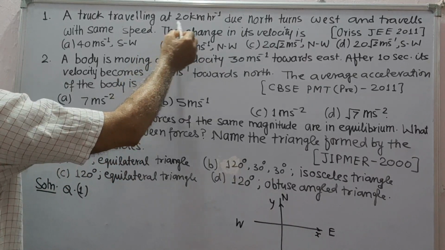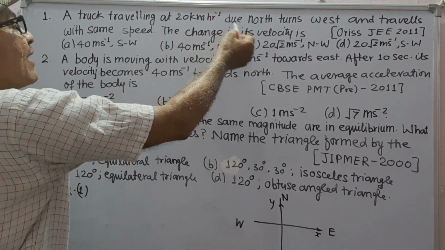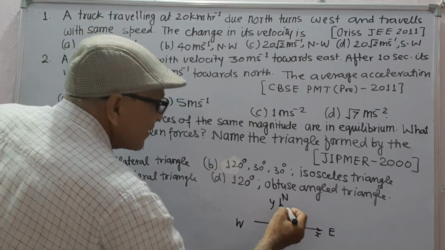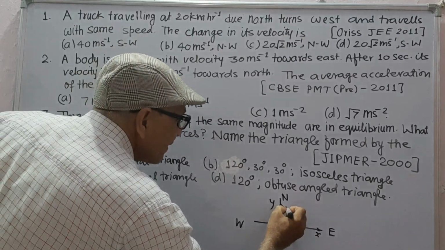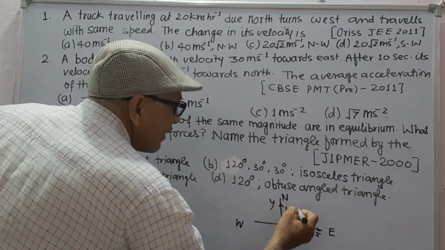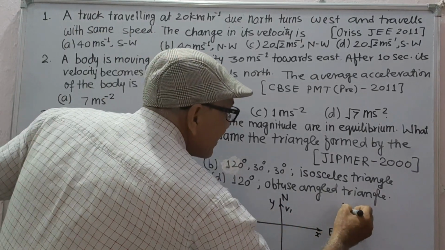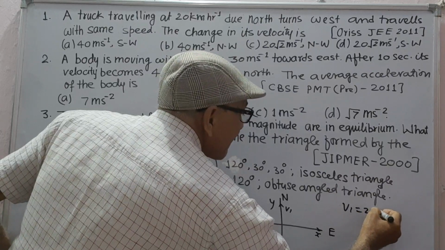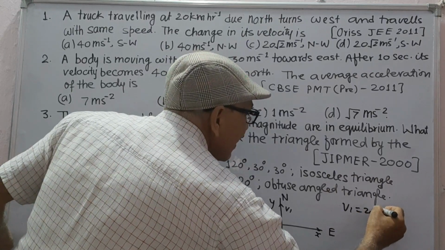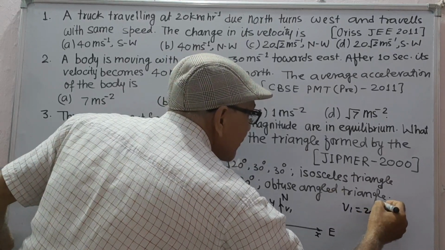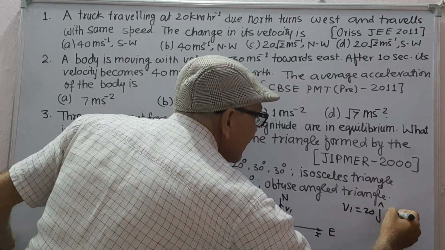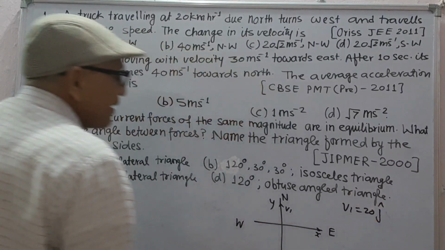Velocity v1 is 20 km per hour due north. Due north means this is v1, 20 km per hour, so v1 is 20 j kilometer per hour.